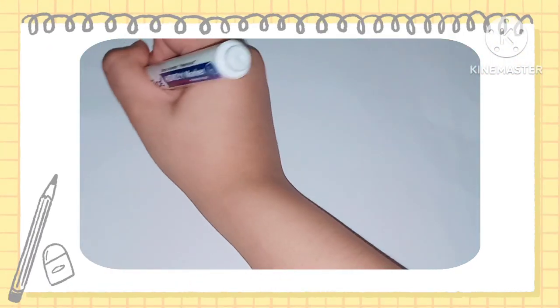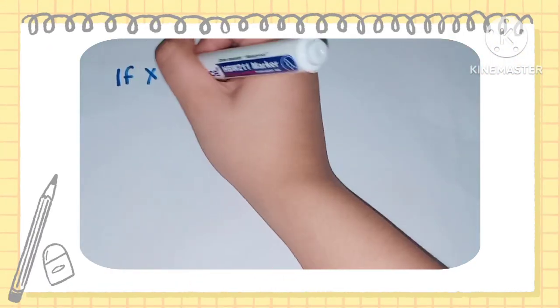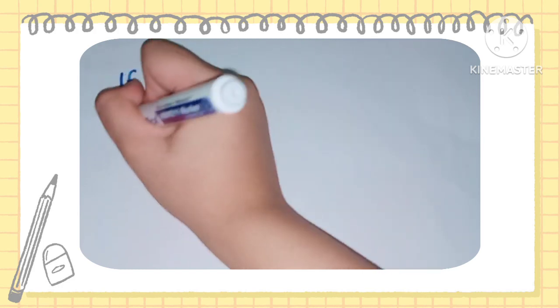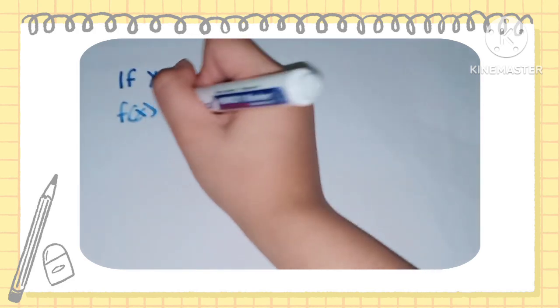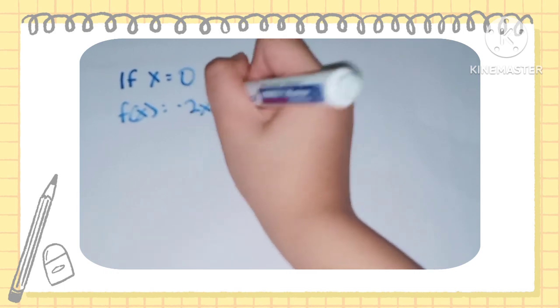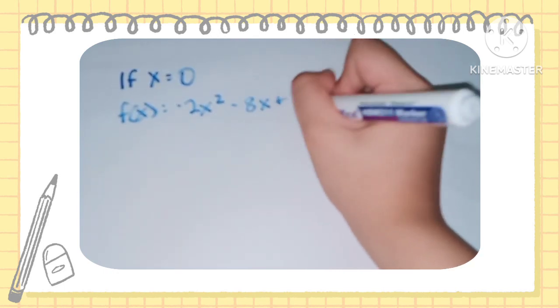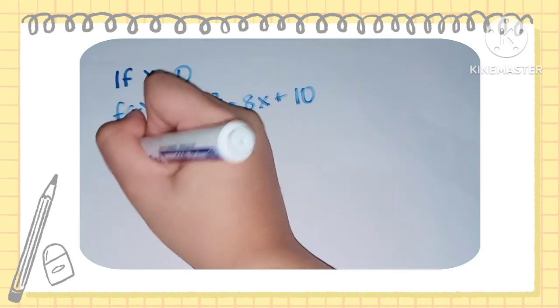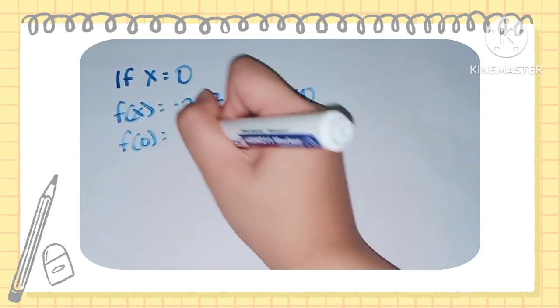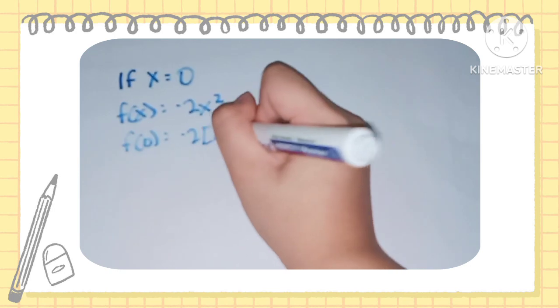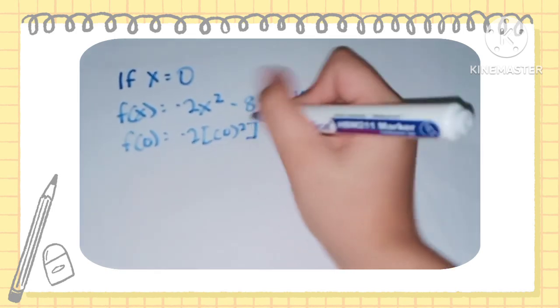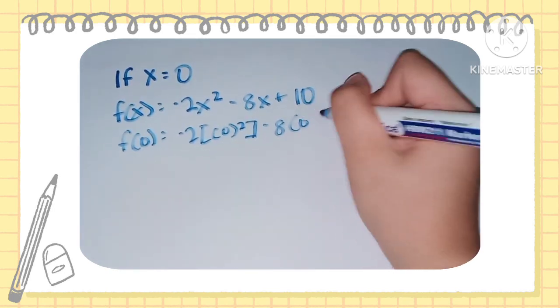Lastly, we are going to solve for if x is equal to 0. We're going to copy the equation. f of x is equal to negative 2x squared minus 8x plus 10. We are going to substitute the value. f of 0 is equal to negative 2 times 0 squared minus 8 times 0 plus 10.